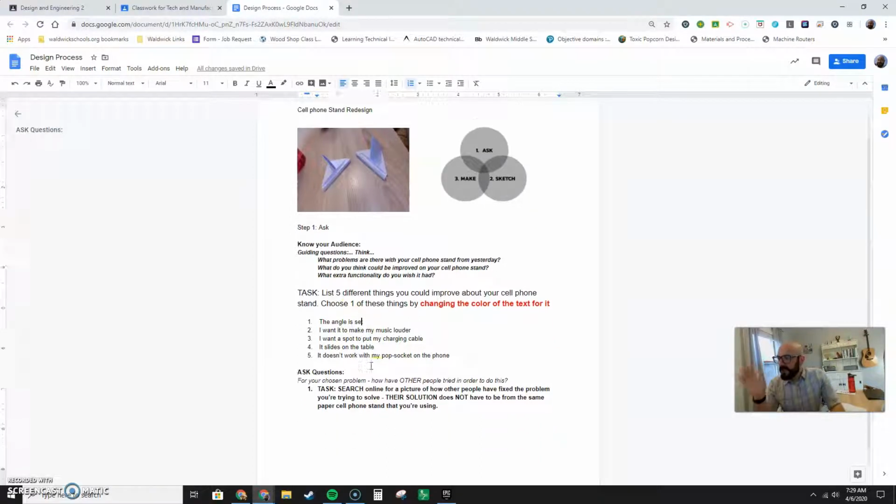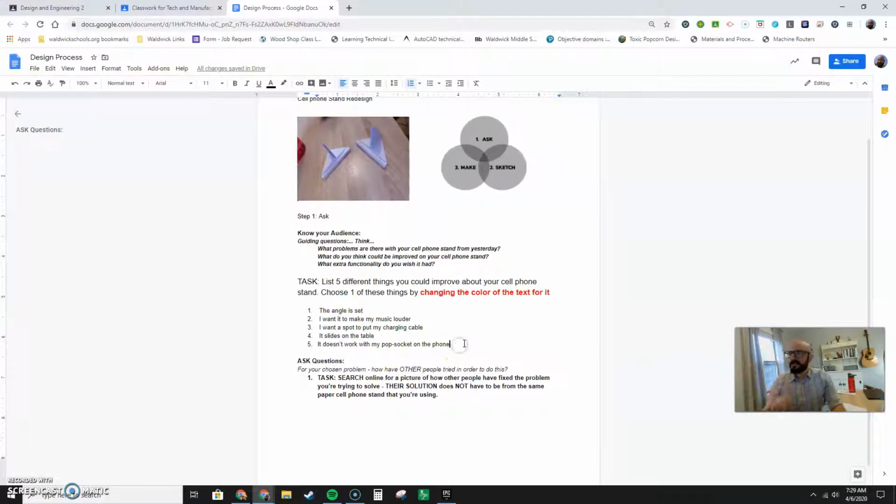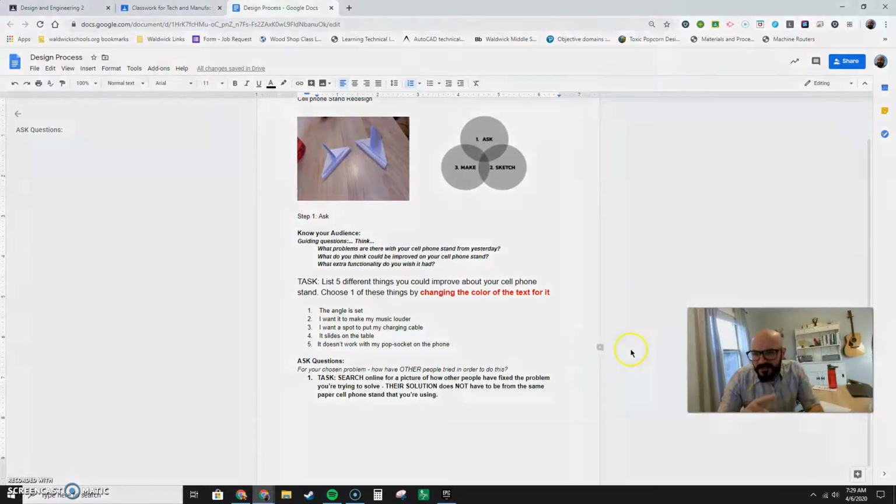So, now that we've identified these different things, what we need to do is identify our constraints. Constraints, it's the manpower you have, it's the tools you have, it's the materials you have.